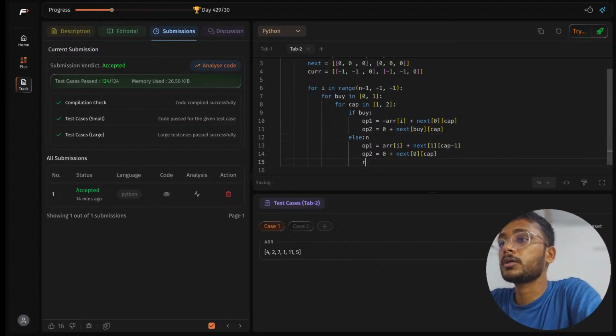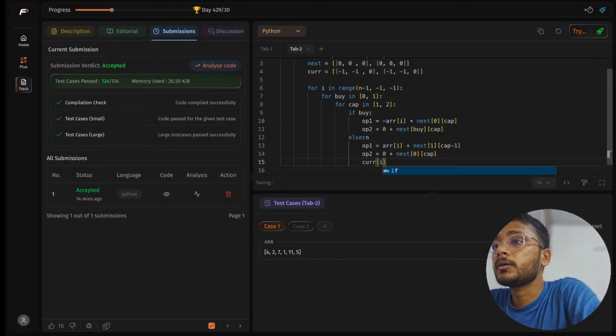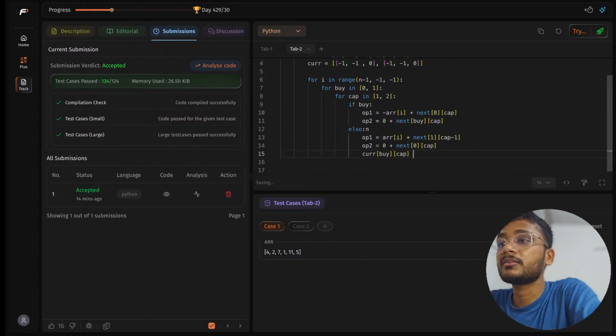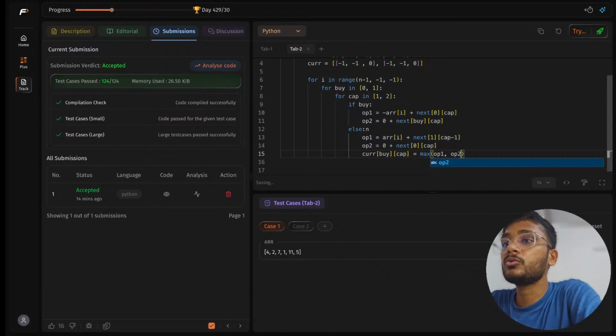So you will say current of I, current of buy, and capacity is nothing but max of OP1, OP2.